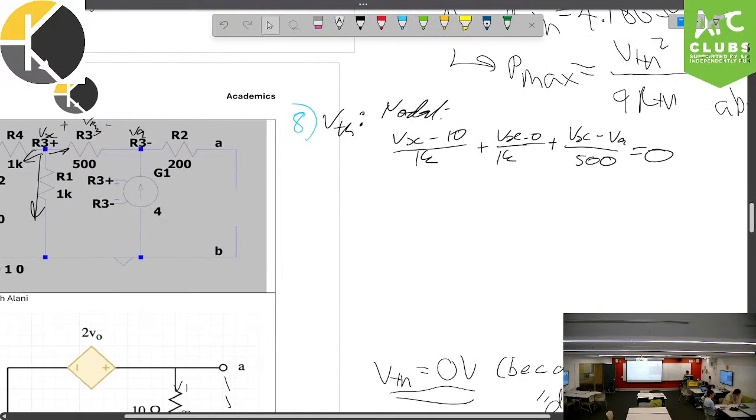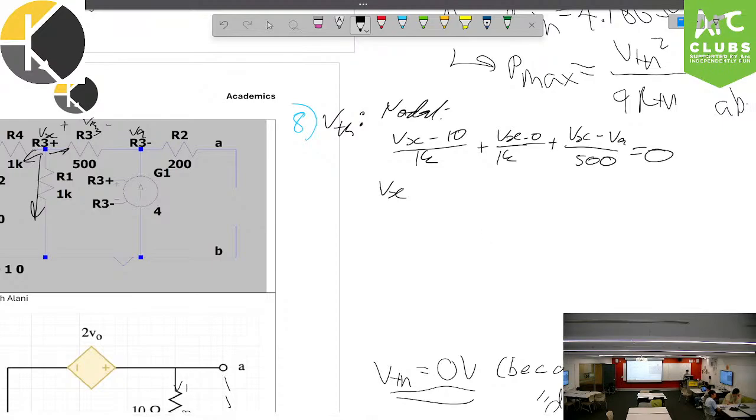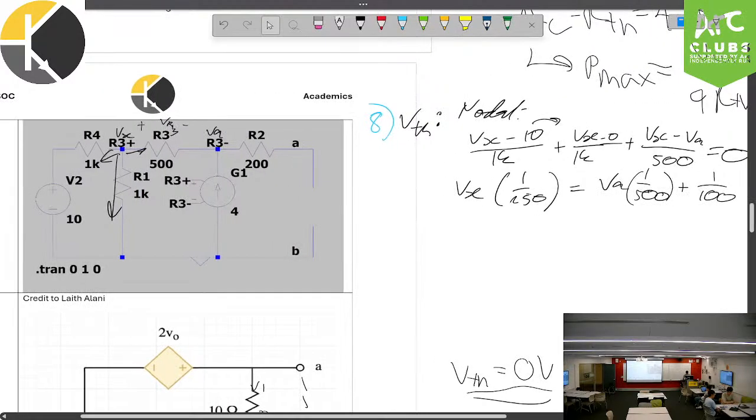Once again, we group up Vx: 1 on 1k plus 1 on 1k becomes 1 on 500, then add 1 on 500, which becomes 1 on 250, equals Va times 1 on 500, and then we chuck the 10 over there to say plus 1 on 100, because it's 10 over 1,000. That's equation 1.